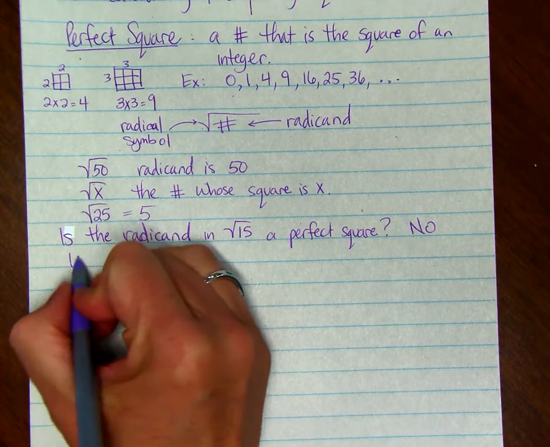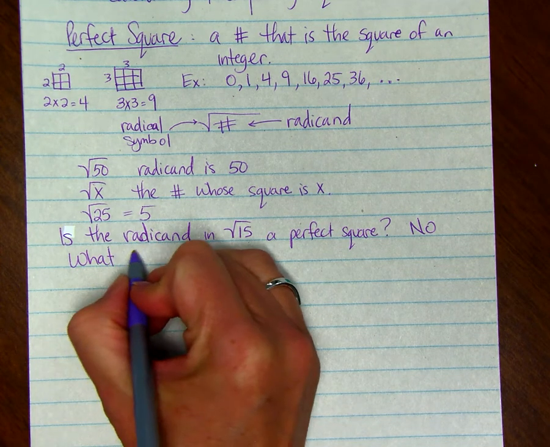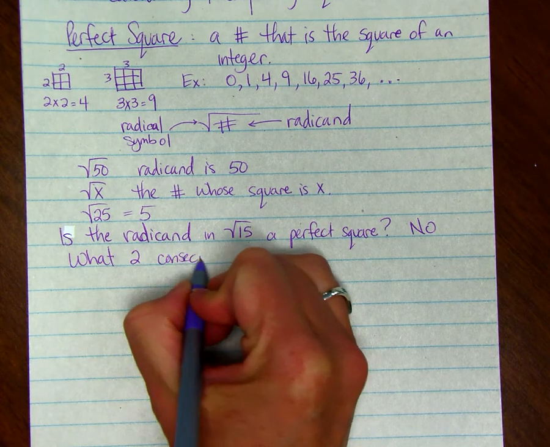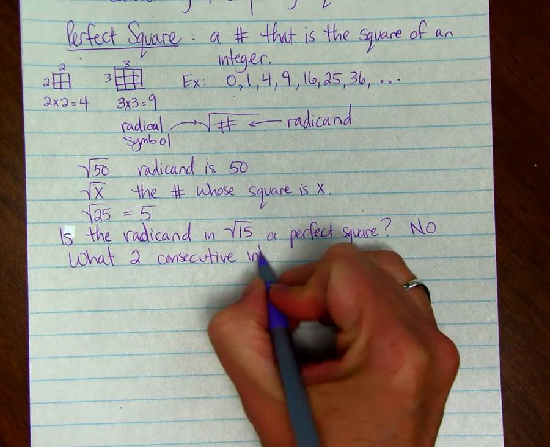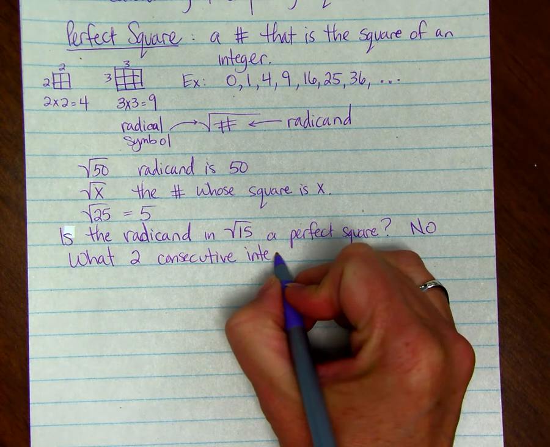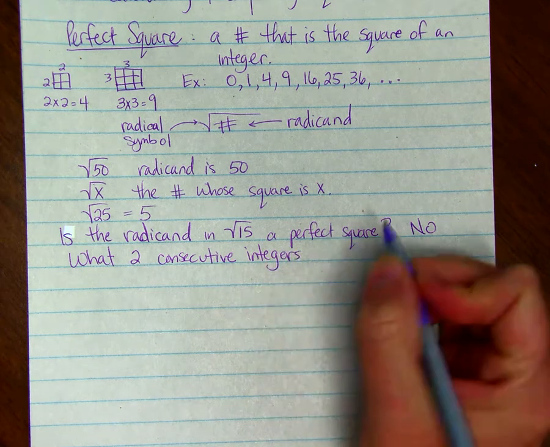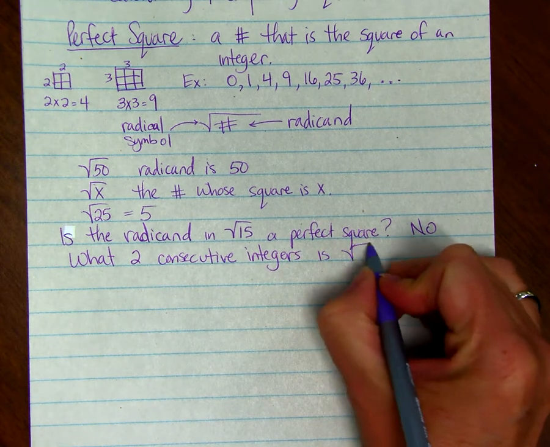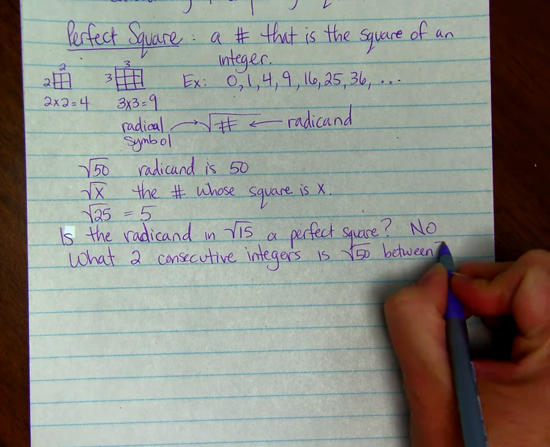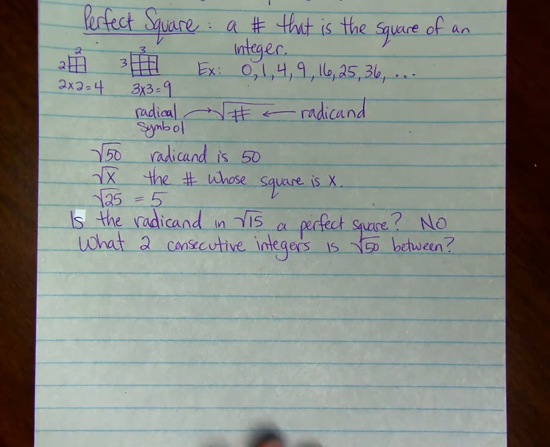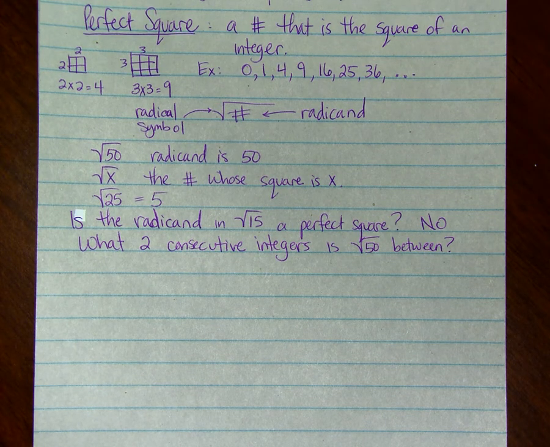Sometimes we'll get questions like this: what two consecutive integers is the square root of 50 between? What I like to do is find the perfect square that's just less than 50 and the one that comes after 50.